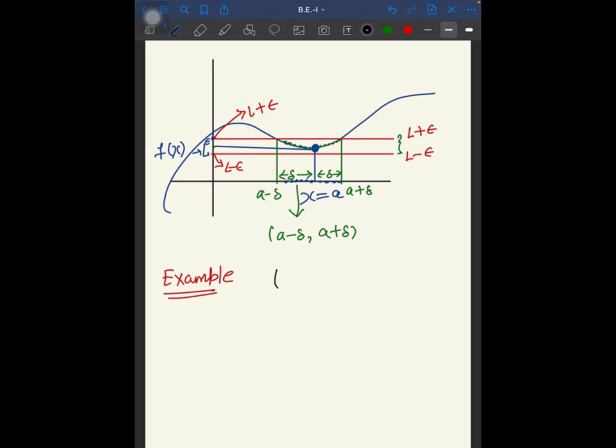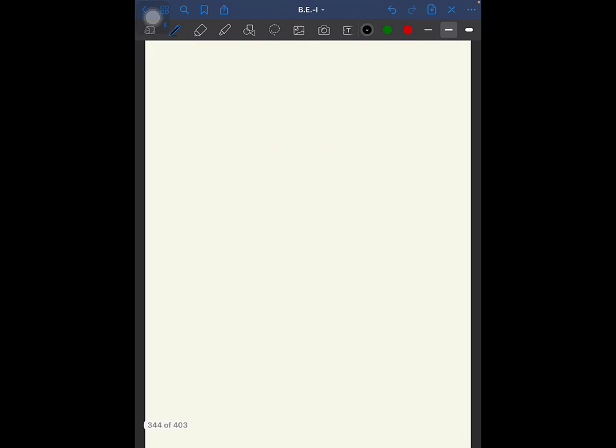So let me pick a scenario for you. Let's talk about our previous function and try to draw a picture for this and understand this example with the help of epsilon and delta. Let me draw it on the next page.